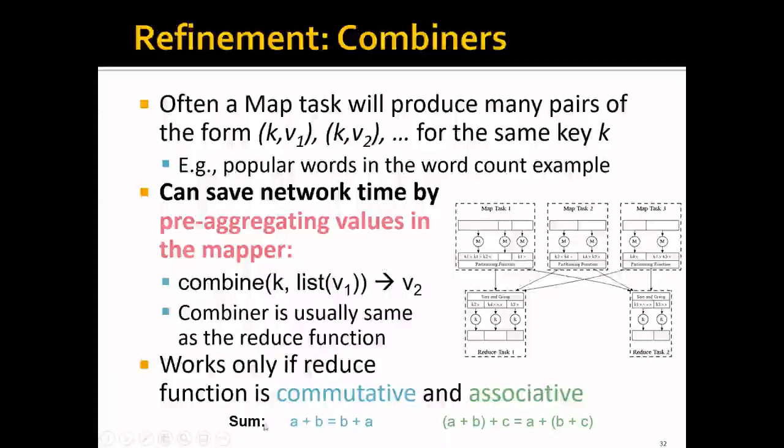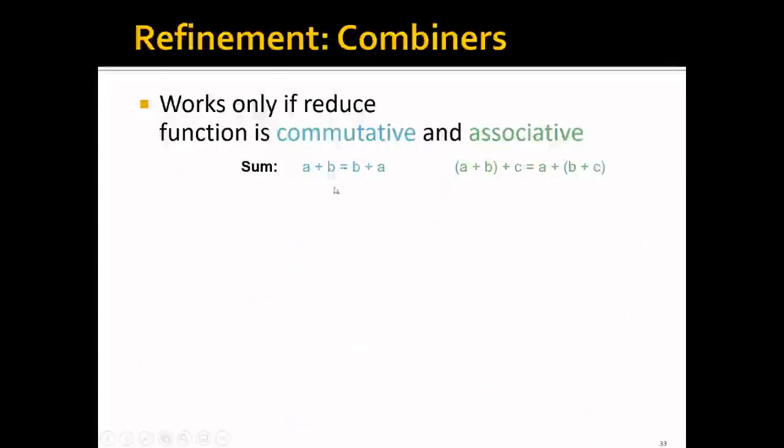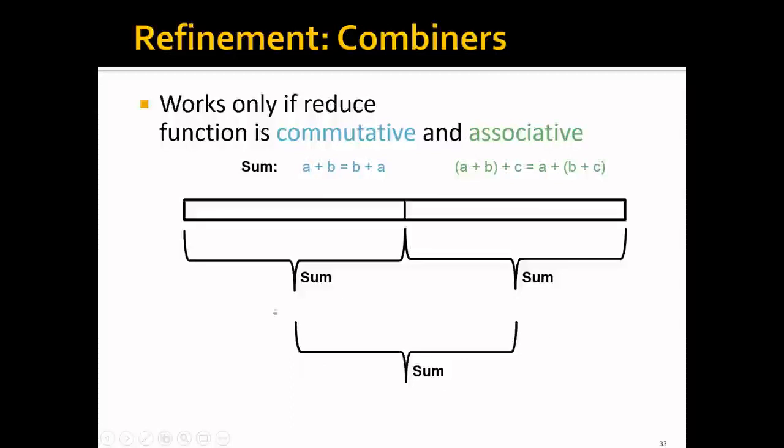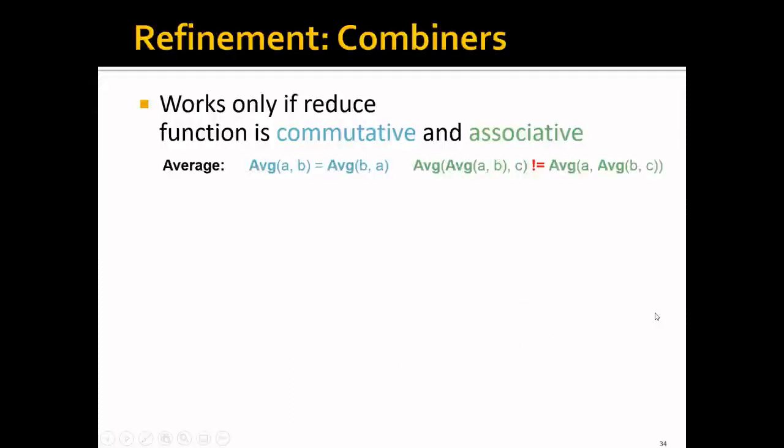Commutative means that, for example, in the sum operation, A plus B should be the same as B plus A, and associative means that A plus B plus C should be identical to A plus the sum of B plus C. Now, more concretely, if you satisfy this condition of commutative and associative, then in a large chunk of document, you can split it into small chunks, do a sum operation here, do another sum operation here, and sum the results of these two operations to get the final result.